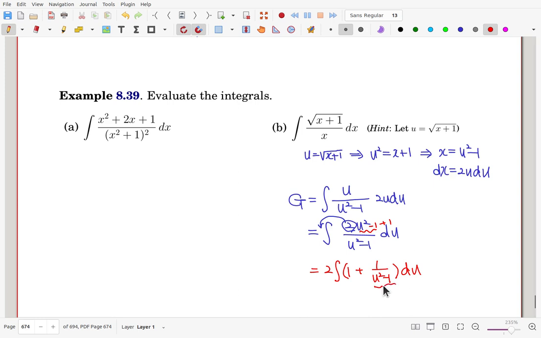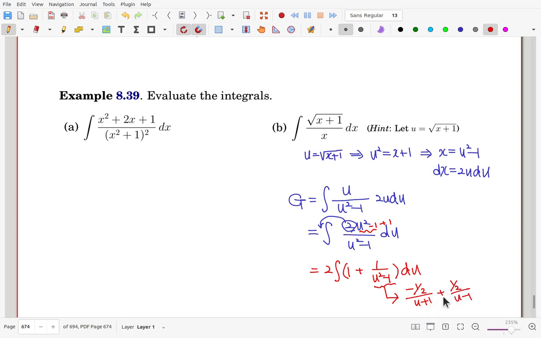For that one, the antiderivative is u, and for this portion, by using partial fractions, you can do it. That one must be minus 1/2 over u plus 1, plus 1/2 over u minus 1. You can do it quite easily.